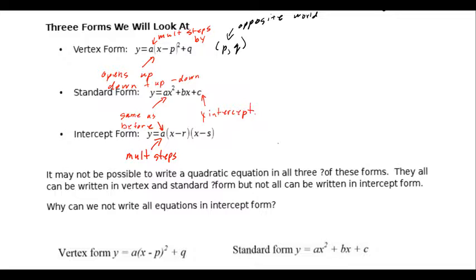Now you'll notice that the intercept form looks like a factored form. So what I'm going to do is give you a recipe for this.